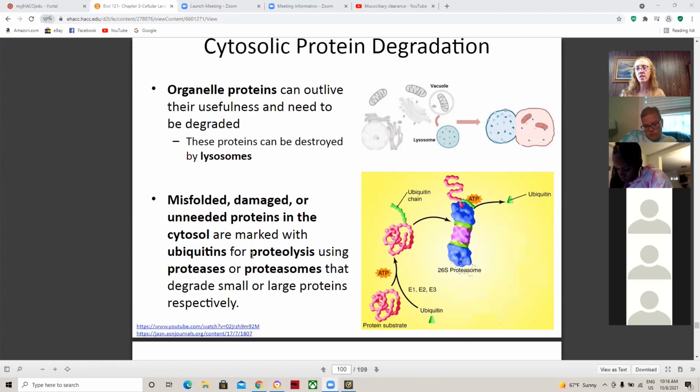And these ubiquitin tags on a protein mark that protein for degradation by proteasomes or proteases. Remember, ASE means it's an enzyme. Protease means that it's an enzyme that breaks down proteins.